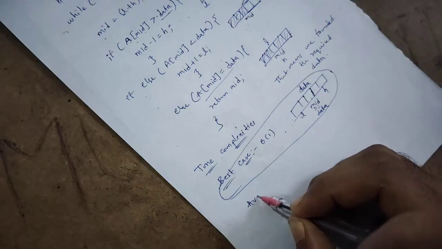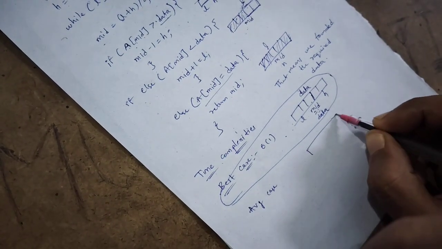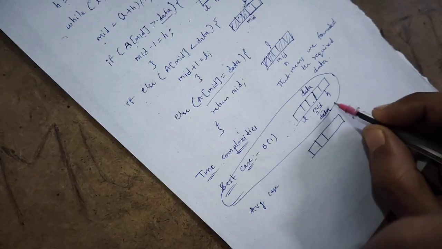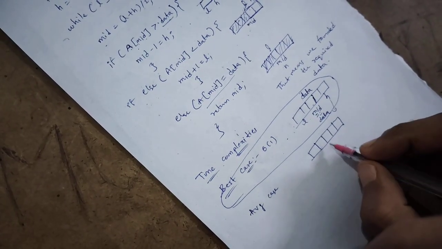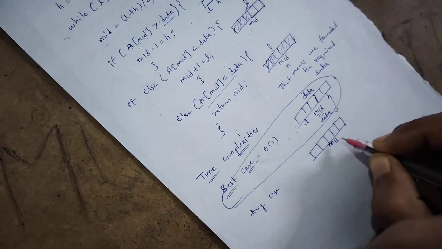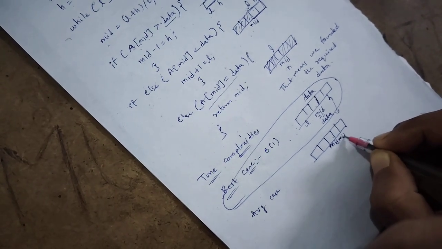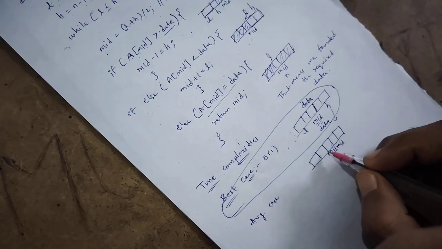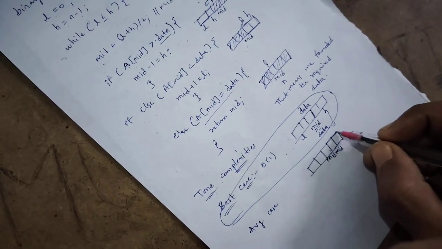What is the average case? Let's take the same example. This is a mid, we didn't find it, and then this is the mid, we find it the second time, the second comparison.